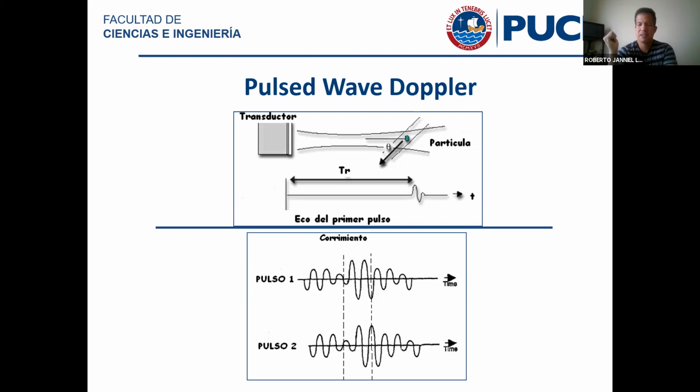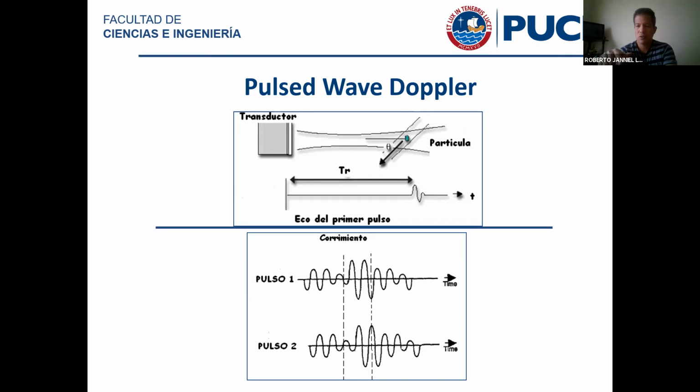So imagine this simple scenario, right? I have one particle that's moving, and it's going to be at a certain distance away from the transducer. So it's going to have a certain arrival time. And then there's going to be a second pulse sometime later.